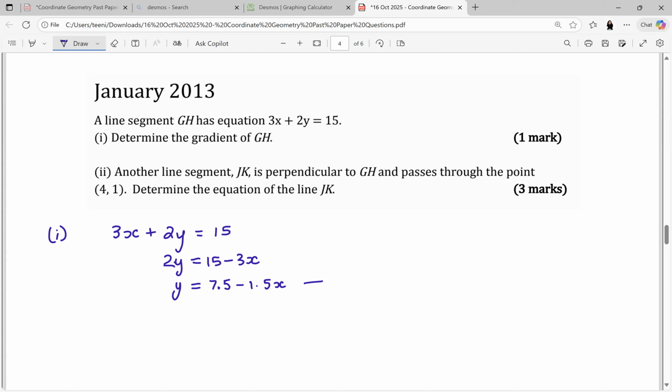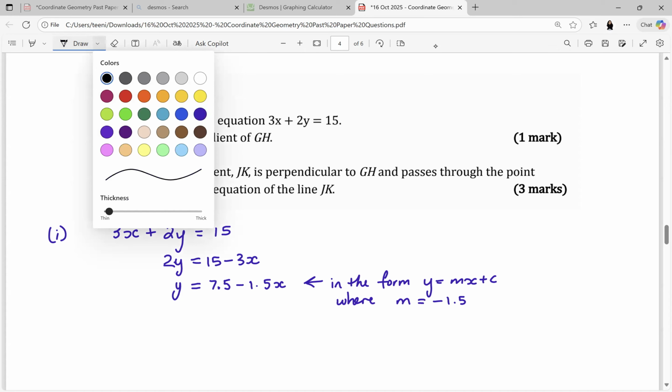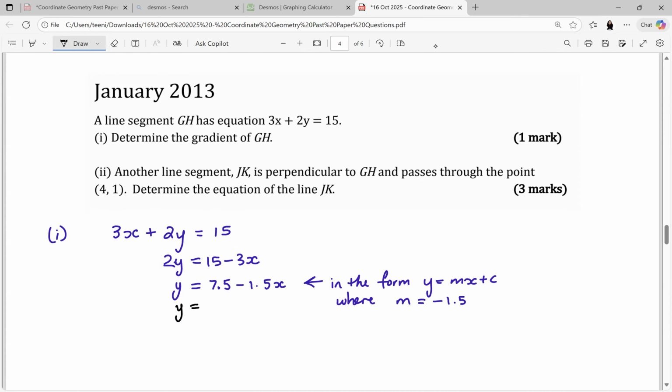And this equation is in the form y equals mx plus c, where m is the gradient, and m in this case is negative 1.5. If you want to be more precise about it, you could write it as y equals negative 1.5x plus 7.5.